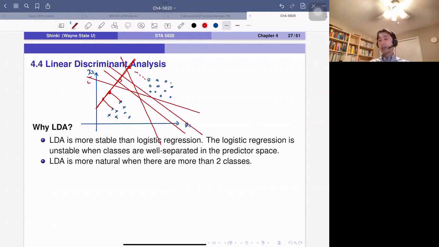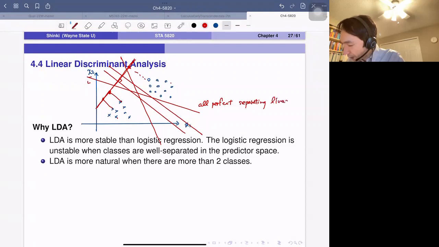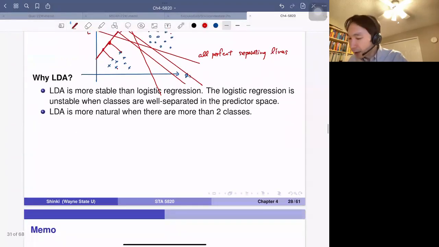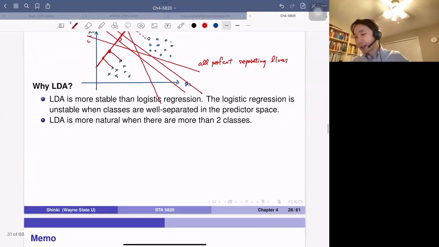So we have so many perfect separating lines, and it's hard to see which one the logistic regression will choose. And LDA is more stable than logistic regression.